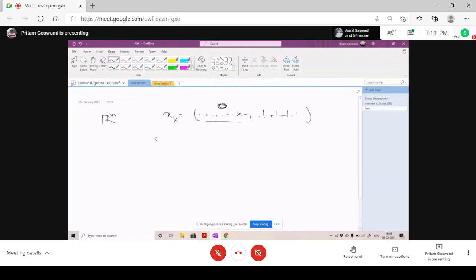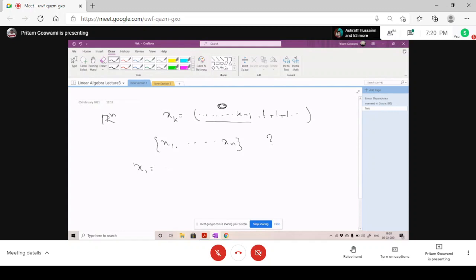If I take this collection x1 to xn, would it be linearly dependent or independent? So it will be independent. Why? Because we cannot write any other vector as a linear combination of that, because up till k minus 1 will be 0.